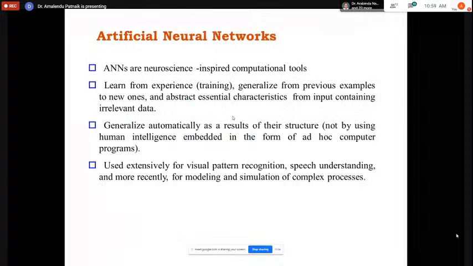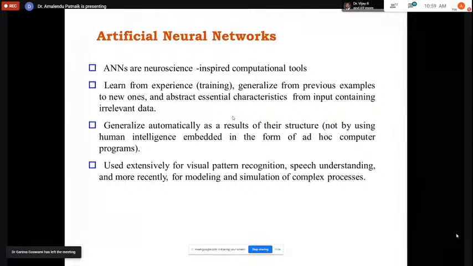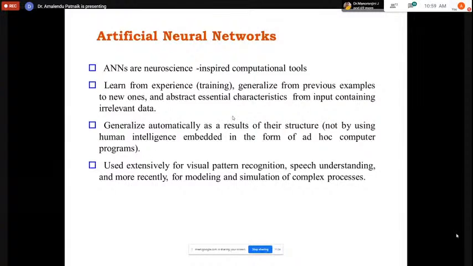So just briefly, let us discuss the capabilities of these networks. Then we will go for its applications. As you know, these are neuroscience-inspired computational tools, and you can train these networks to perform a particular task.